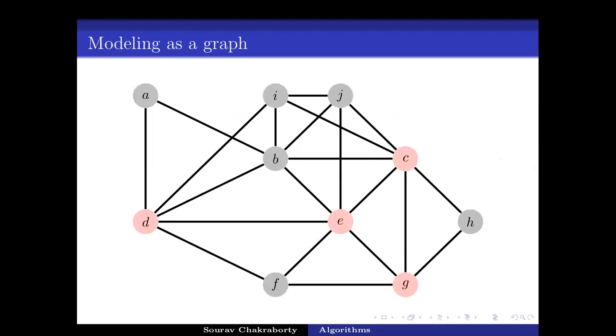For this vertex B, at least one of its neighbor tower vertices, say xc or xd, has to be present. Otherwise it won't be covered. So for vertex B, we need xb + xc + xd to be at least 1, meaning at least one of these towers is present.